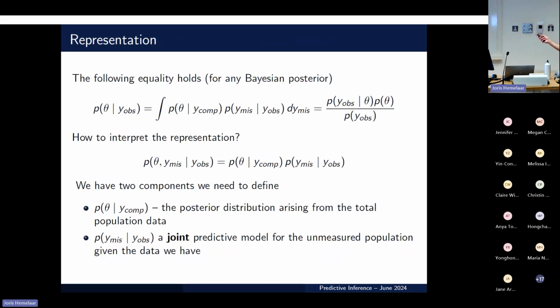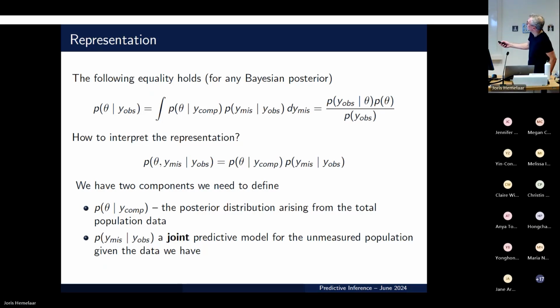Note that equality holds for any Bayesian posterior. So anytime you see a paper that gives you a posterior distribution over a parameter, it has this implicit decomposition, or has that equality. I haven't done anything other than use the rules of probability that we looked at on the first slide.